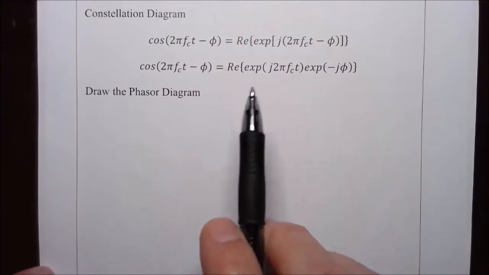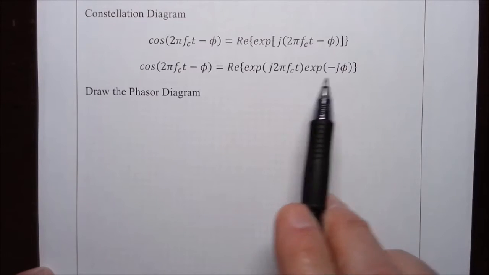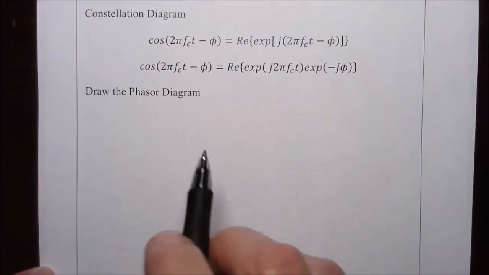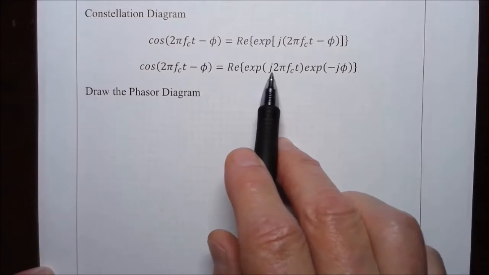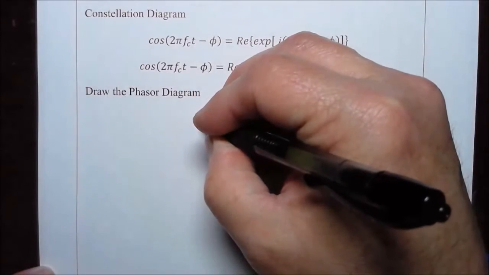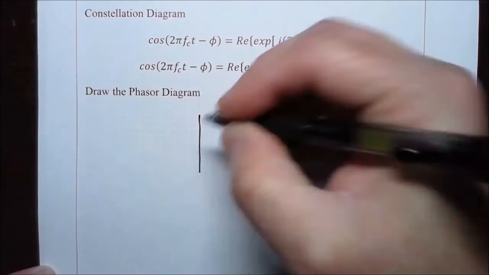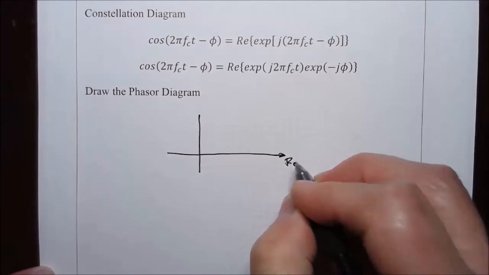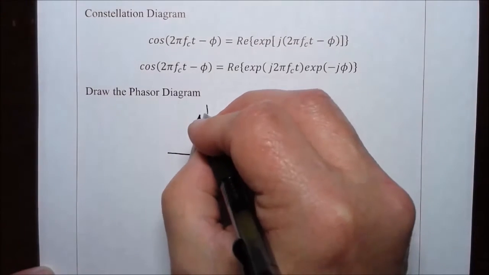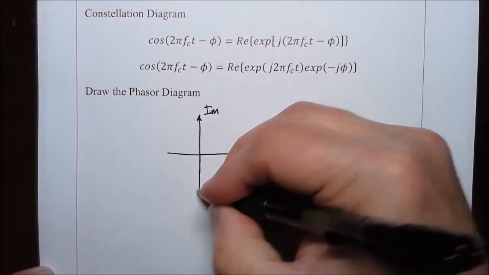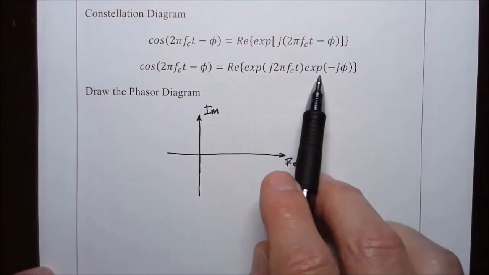Back in circuits class, you learned to express this cosine as a phasor. So you would draw a phasor diagram, with the real axis and the imaginary axis like this. Then we would express this cosine as a phasor.